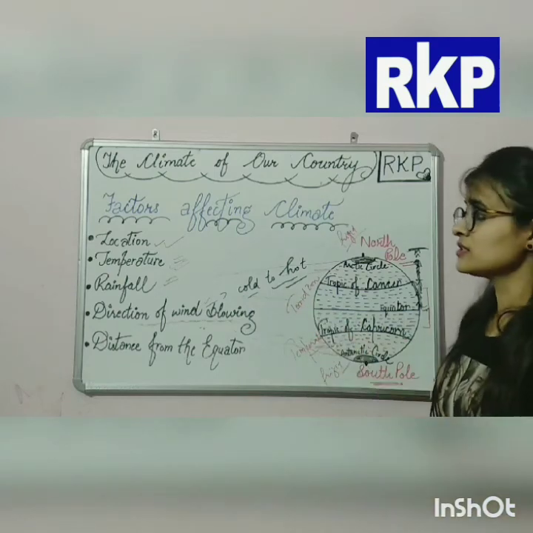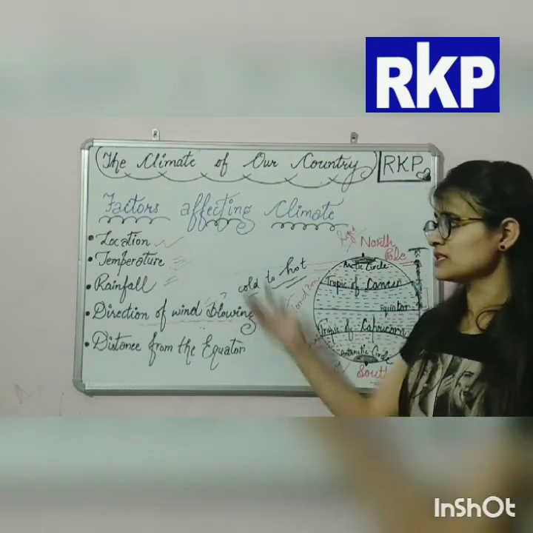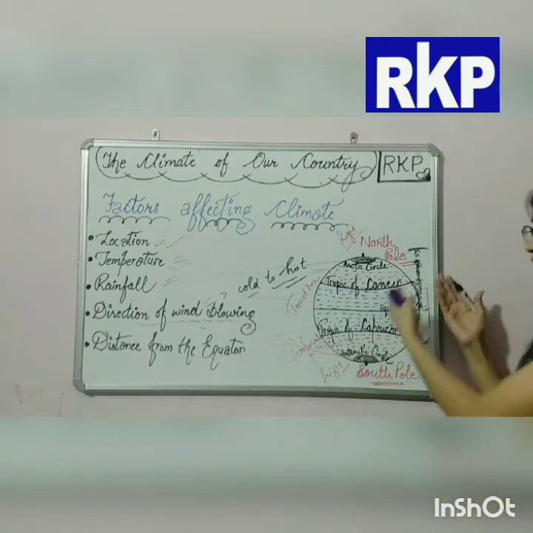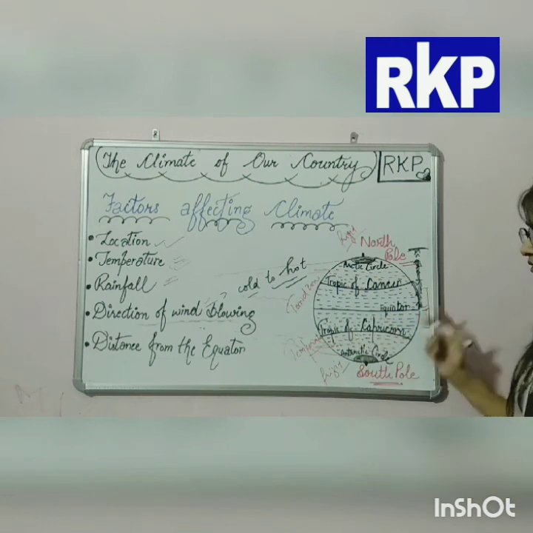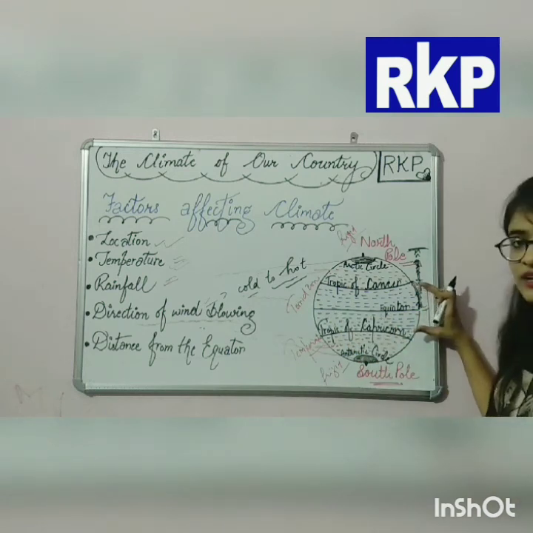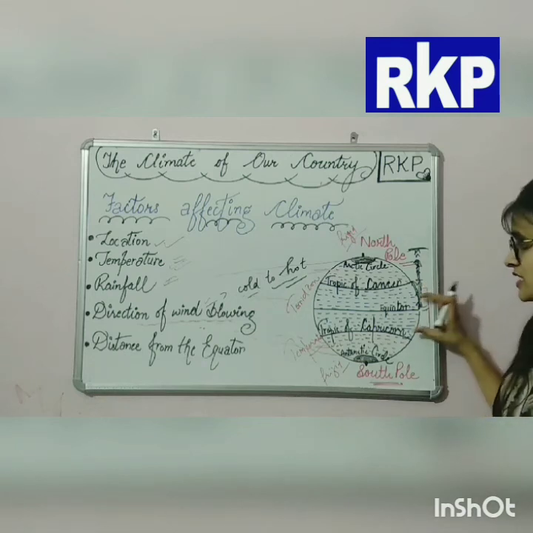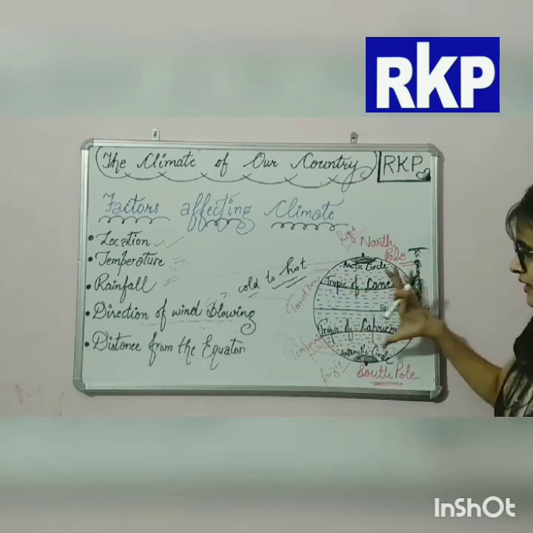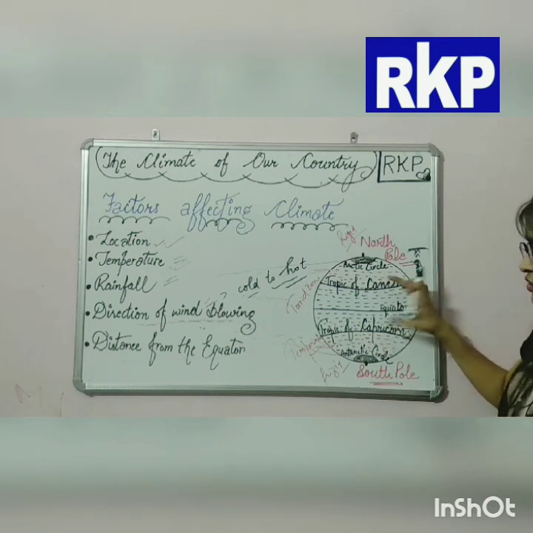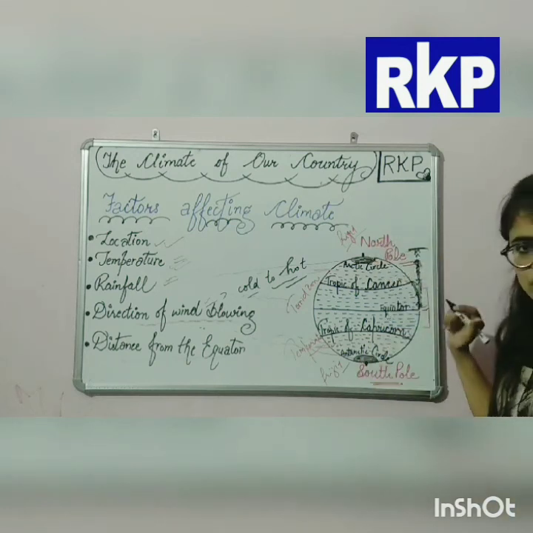These were the factors that affect the climate of a place, and I have explained them to you. And this is the equator, and this area that experiences a similar climate is the equatorial belt, that is the torrid zone, or this is the temperate zone, and these two are frigid zones.